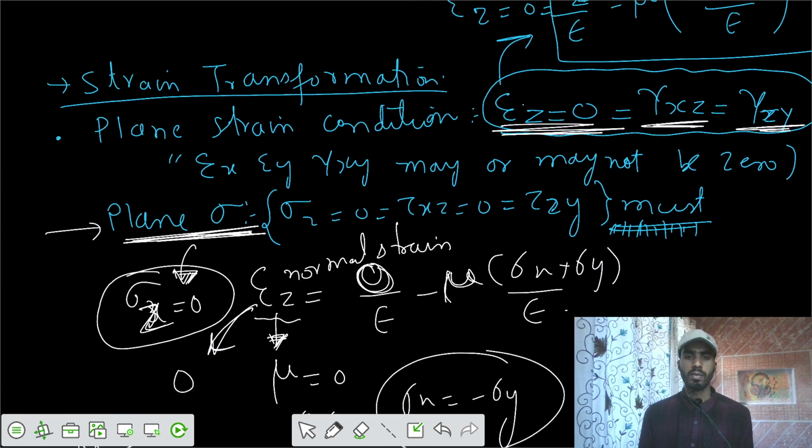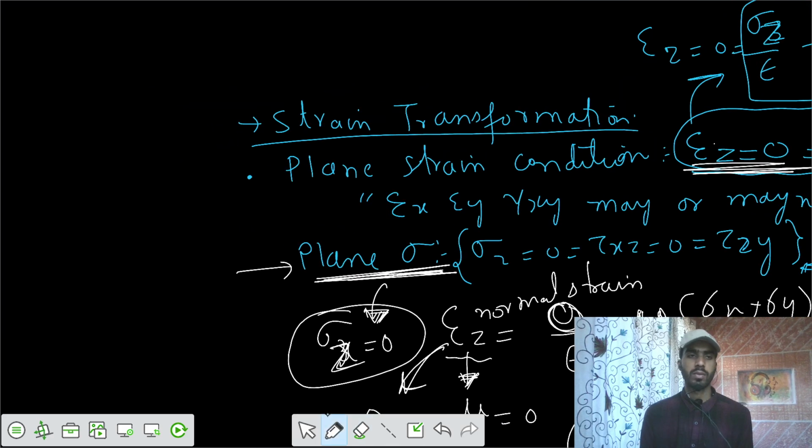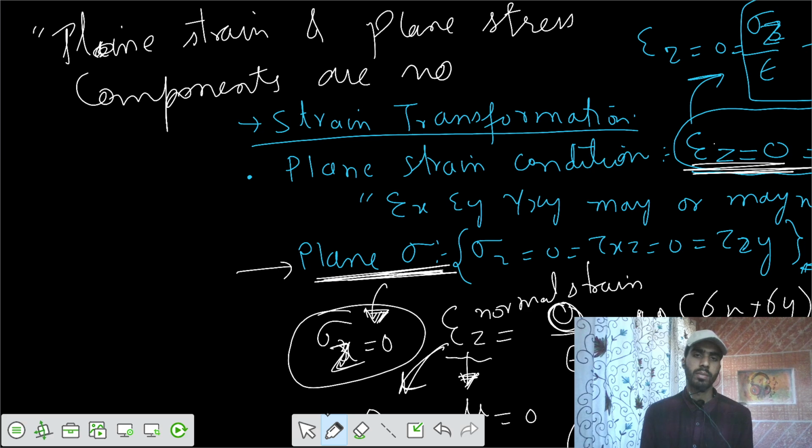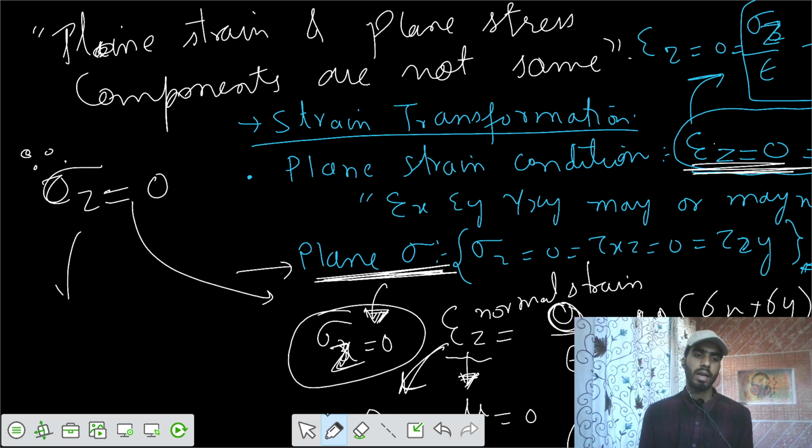The components we get for plane strain and plane stress conditions are not the same. For example, sigma z is 0 in the plane stress condition, but it can develop in the plane strain condition.